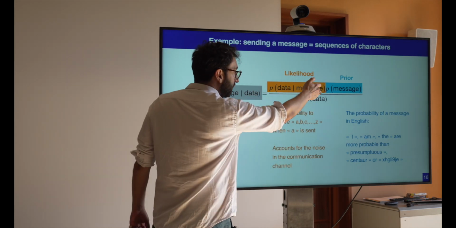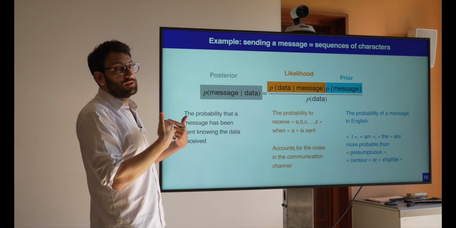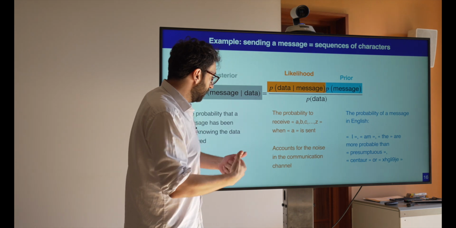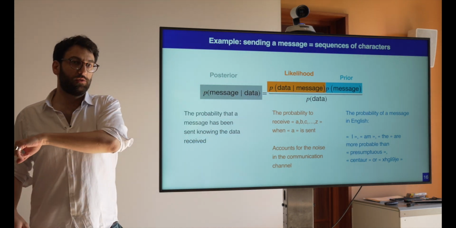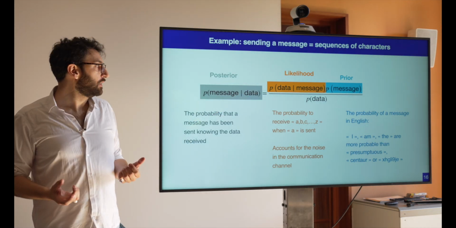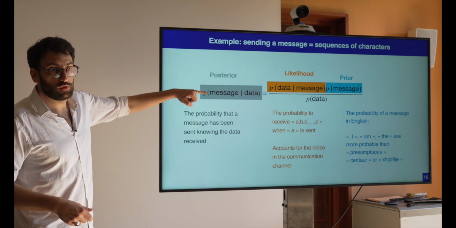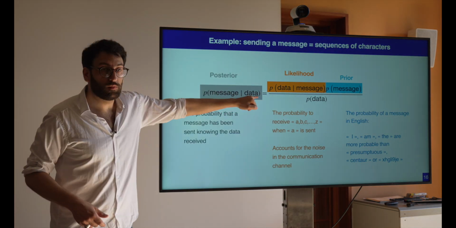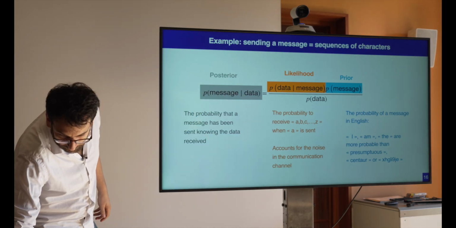If the true message was A, there is a certain probability that, in fact, we're going to receive C. Just like in the geological example, this is the term where you worry about the noise. And in the end, this is what you're trying to decode: knowing what you received, what is the most probable thing that was sent to you.